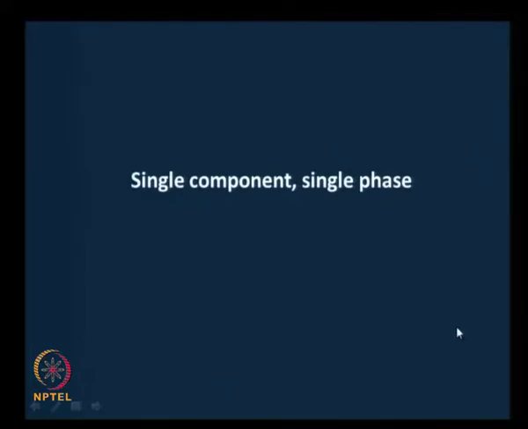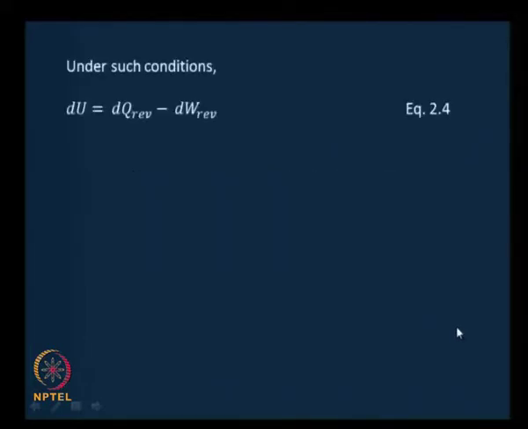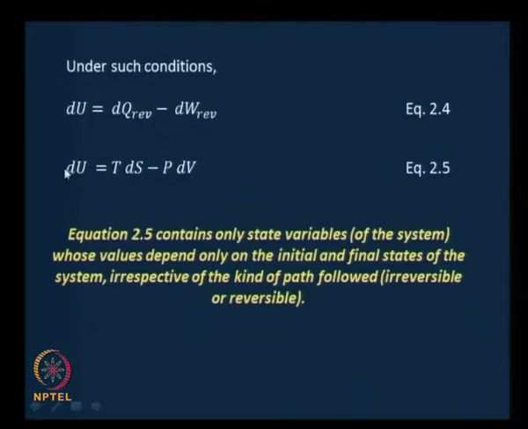Then we looked at single component single phase systems, and we said we could derive this equation dU = TdS - PdV for a single phase single component system.